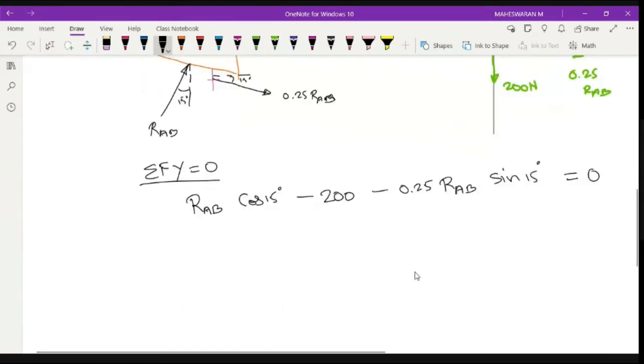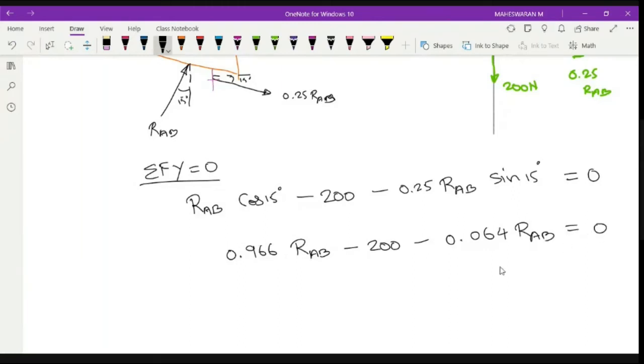So cos 15 is 0.966, so 0.966 RAB minus 200 minus 0.25 into sine 15, we are getting 0.064 RAB equal to 0.